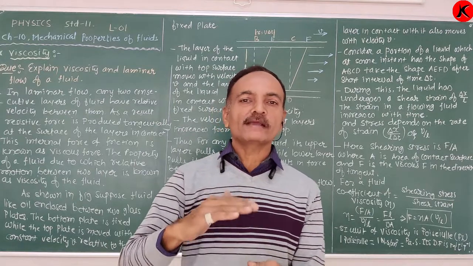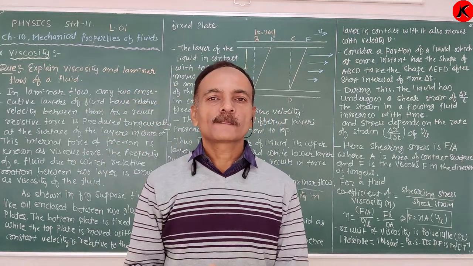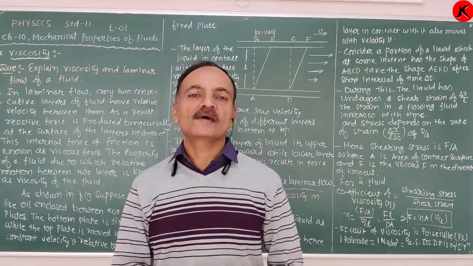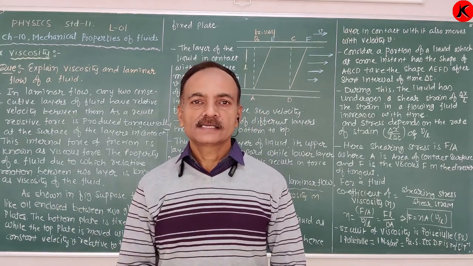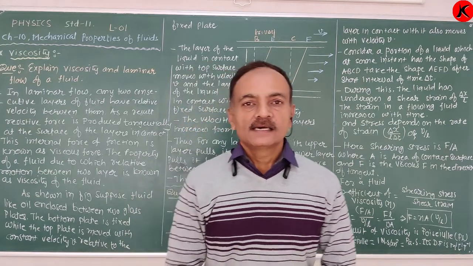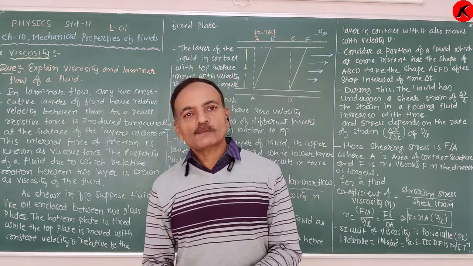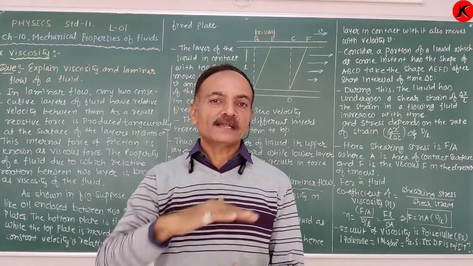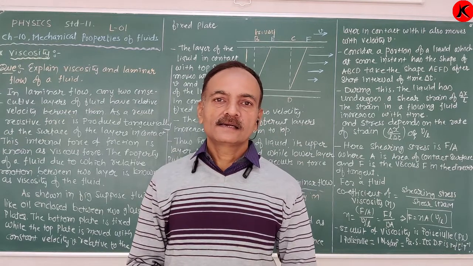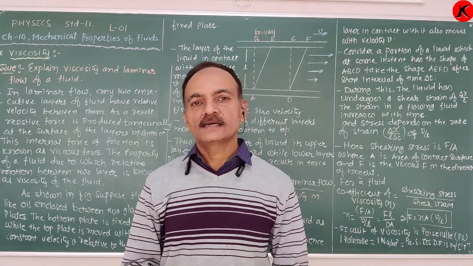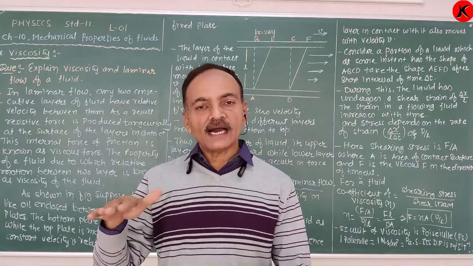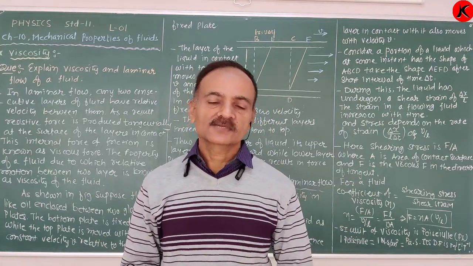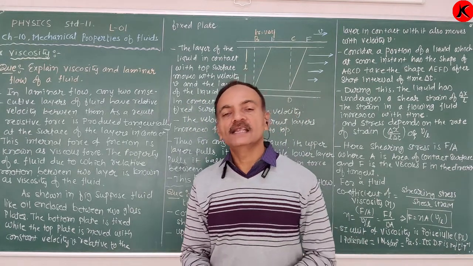That means as we go from bottom to top, the different layers of water move with different velocities. So in a river, the water is not flowing like a bulk of water; it is flowing in different layers. During this flow, different layers move with different speeds over each other. This type of flow is known as laminar flow.